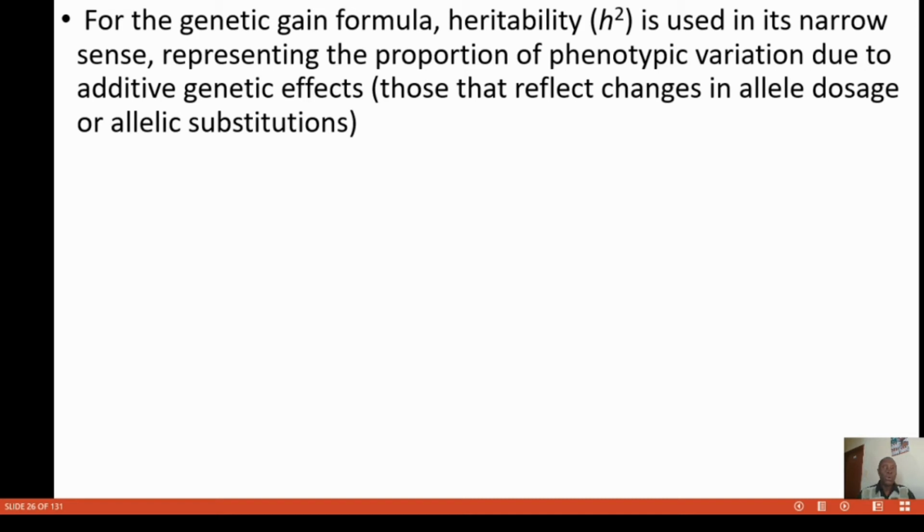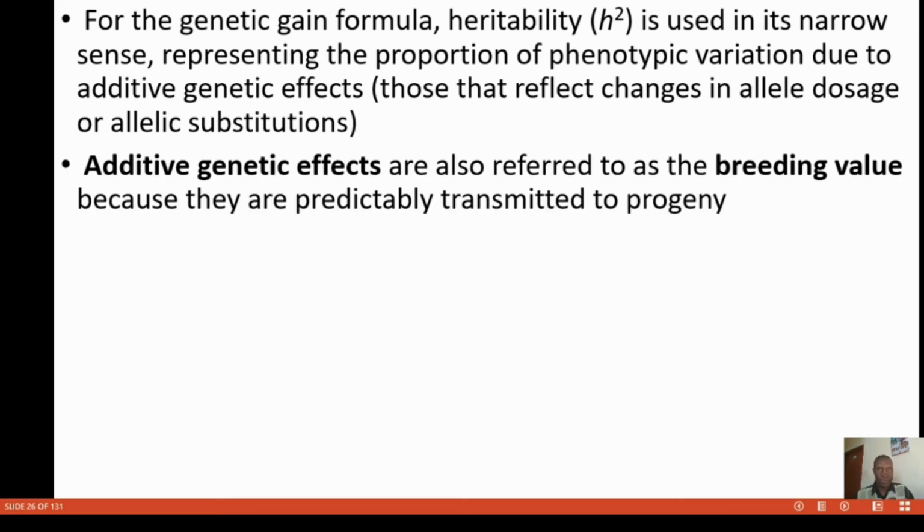So as we have the narrow heritability here, we know that it is representing or reflecting the changes in allele dosage or allelic substitutions.